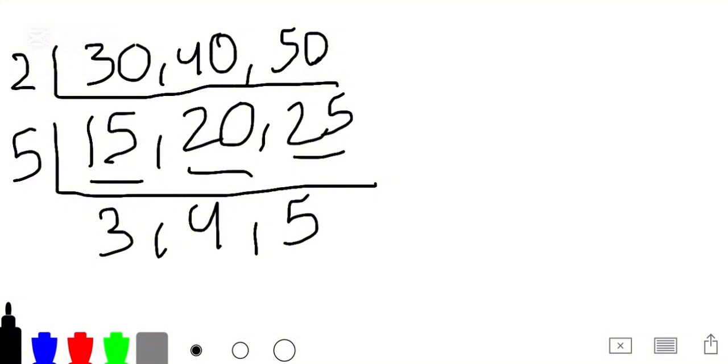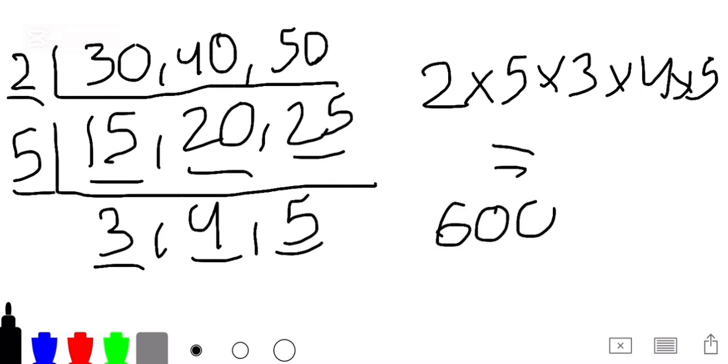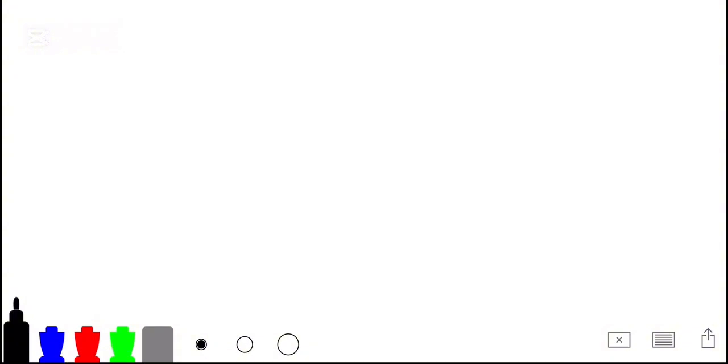But instead of multiplying only the side numbers, we also bring in these numbers right here. And so we do 2 times 5 times 3, 4, and 5, and that equals 600. And so the LCM of 30, 40, and 50 is 600.